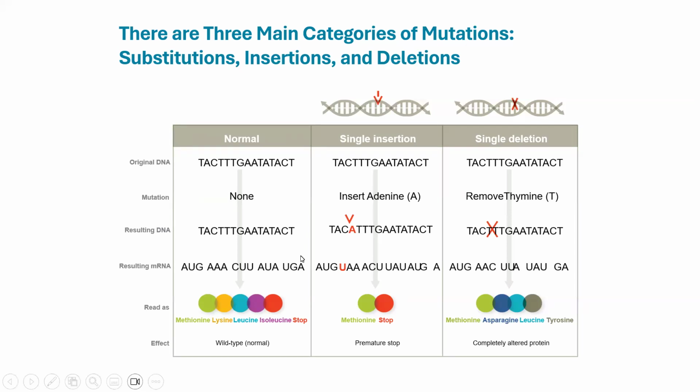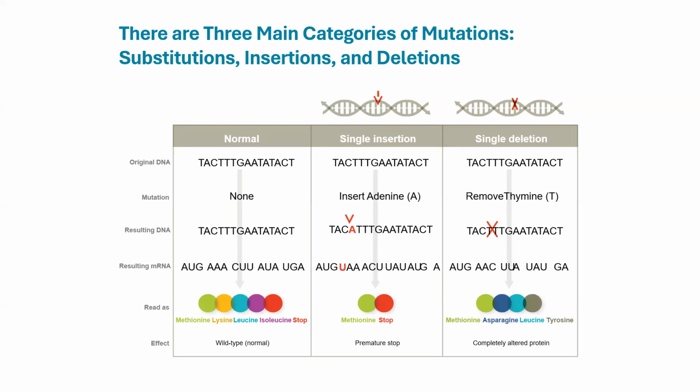However, if we insert an adenine between this C and this T, then we shift our reading frame, and instead of getting this lysine with this TTT, we actually are going to have ATT, which gets transcribed to UAA, which is one of our stop codons.